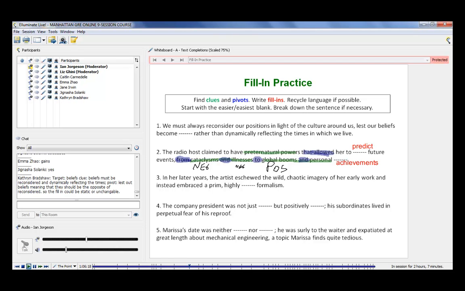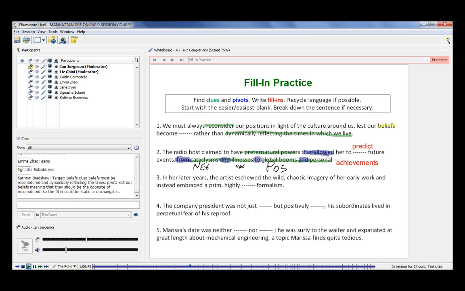All right, so target beliefs. Yeah, lest our beliefs become. I'd agree with that. So let's see. The clue: beliefs must be reconsidered and dynamically reflect the times in which we live. Yeah, reconsider, also dynamically reflect.